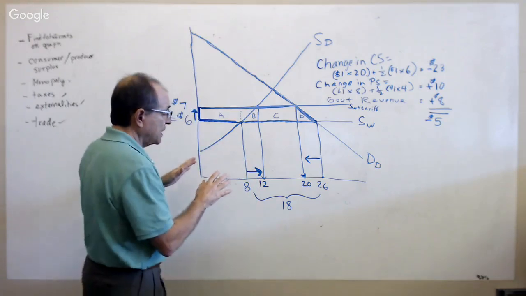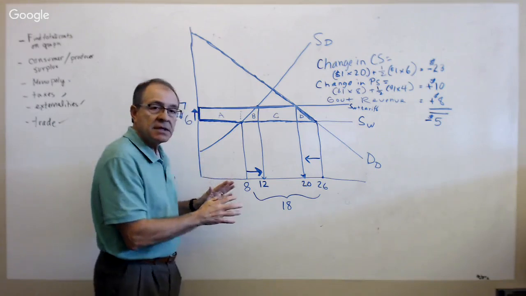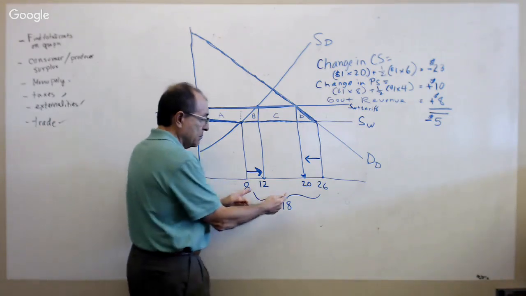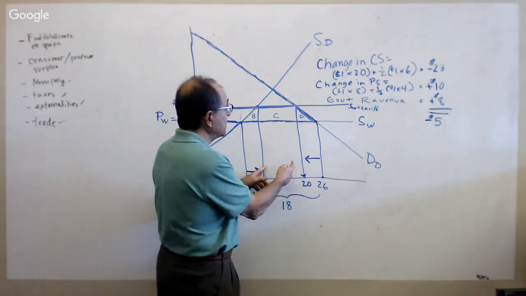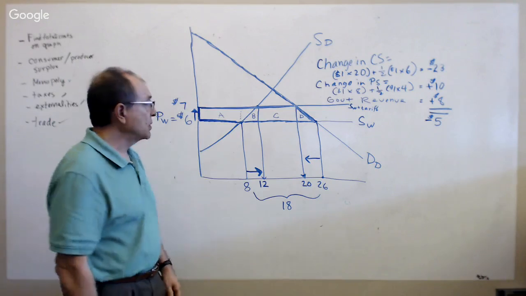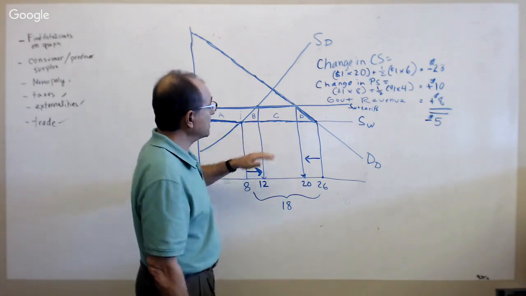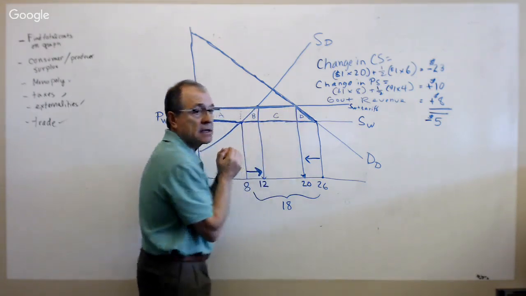So if the administration wants to limit the amount of imports to just simply 8 units, just like the tariff did, the graph would look the same. We would have the quota shrinking the amount of imports to 8.